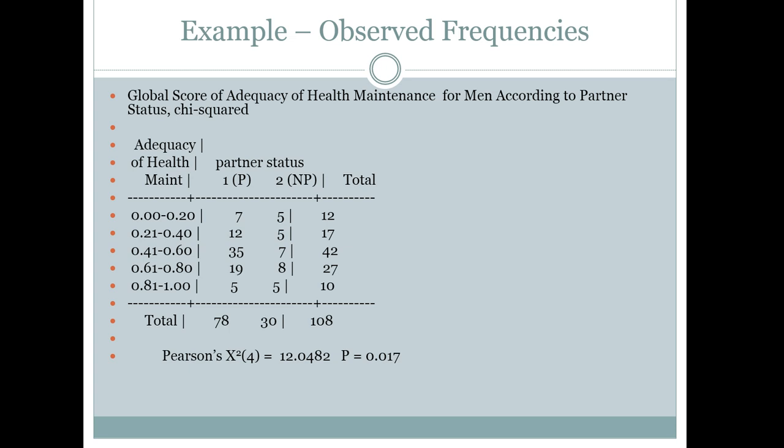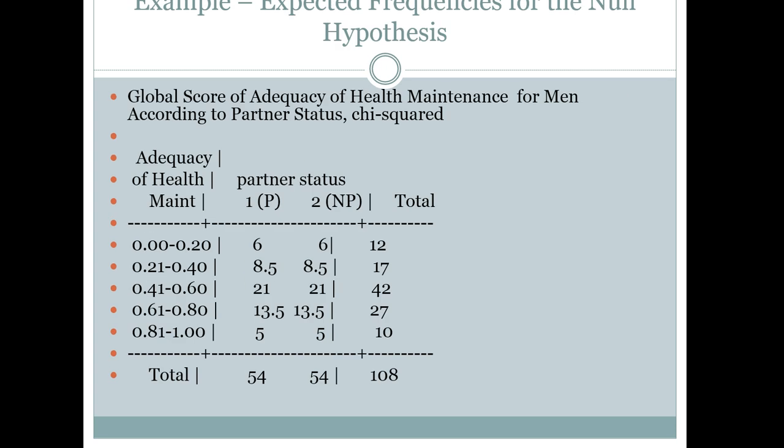So how are we going to get the expected frequencies under the null hypothesis? Well, it's very simple. We retain the total. So our totals on the different quartiles are 12, 17, 42, 27, and 10.